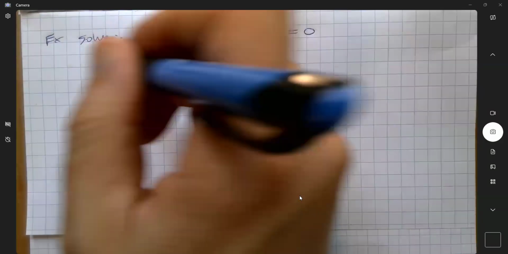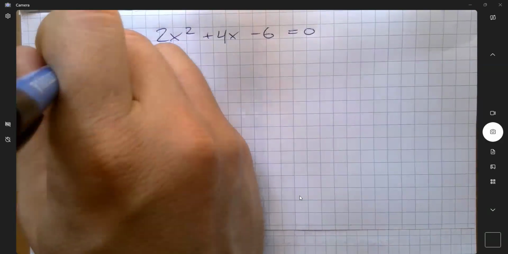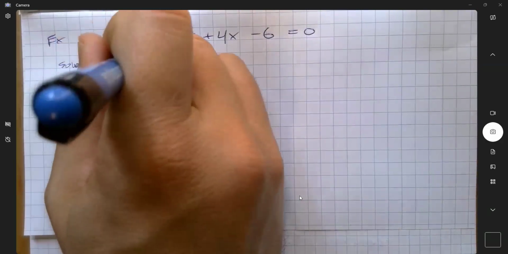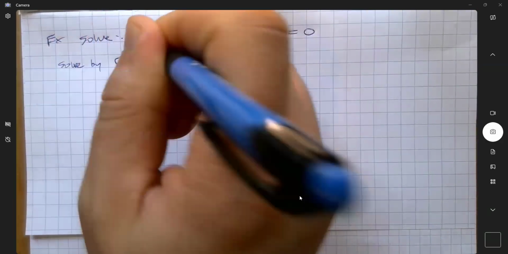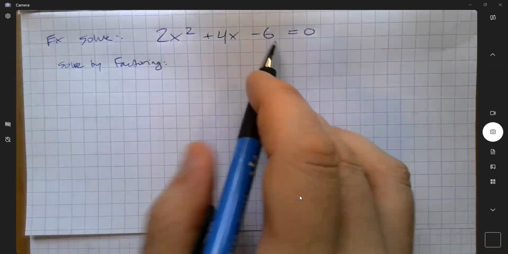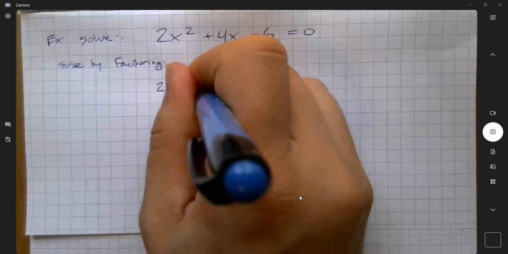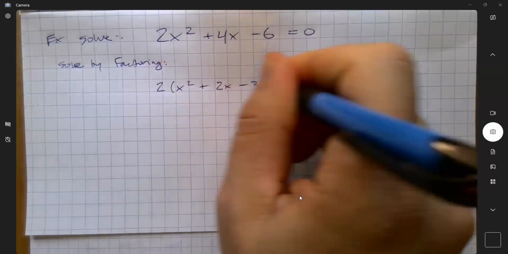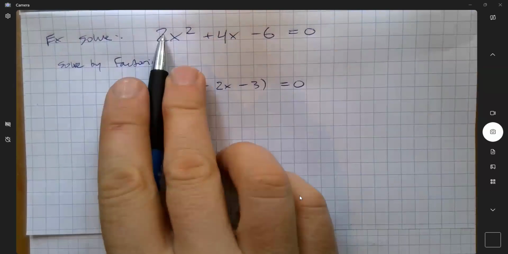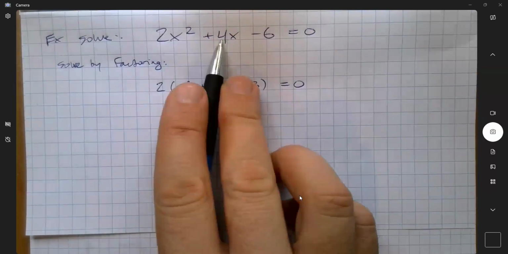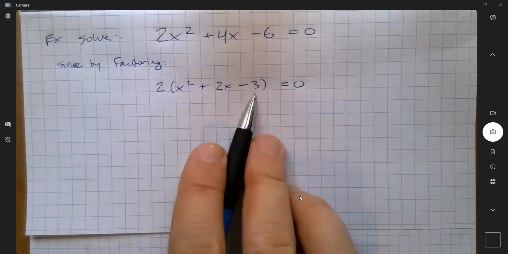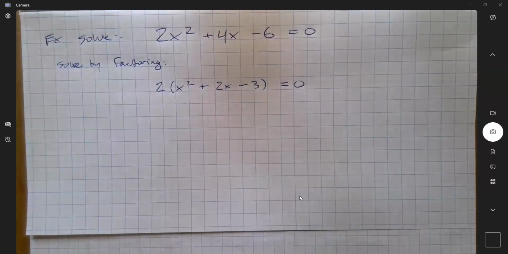Well, you still are going to solve by factoring. And the first step to factor something where the leading coefficient is not 1 is just to factor out the leading coefficient. 2x squared plus 2 times 2x gives me 4x, minus 2 times 3 gives me negative 6.